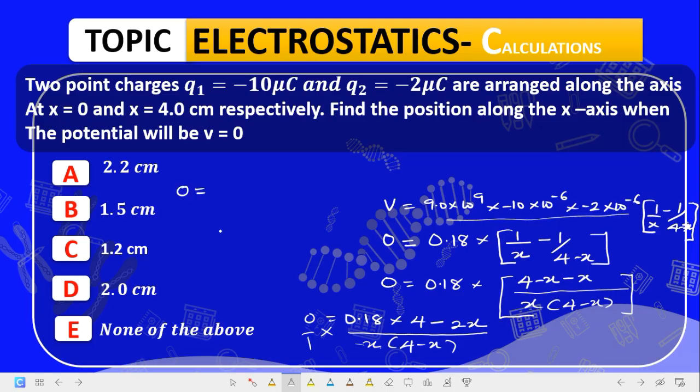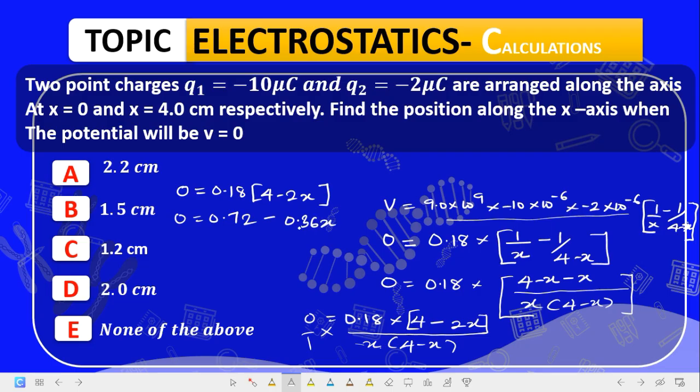So this will be 0 equals 1 times everything here, which will be 0.18 bracket 4 minus 2x. Please take note, this is in brackets. This will be 0. 0.18 times 4 will give us 0.72. 0.18 times minus 2x will give us minus 0.36x.